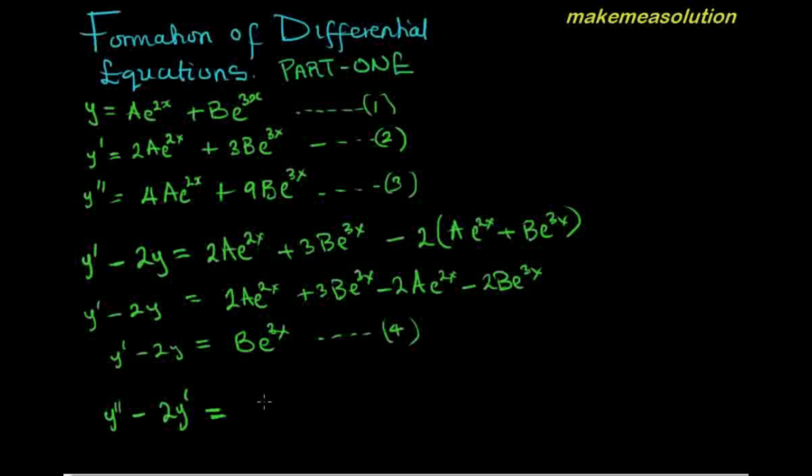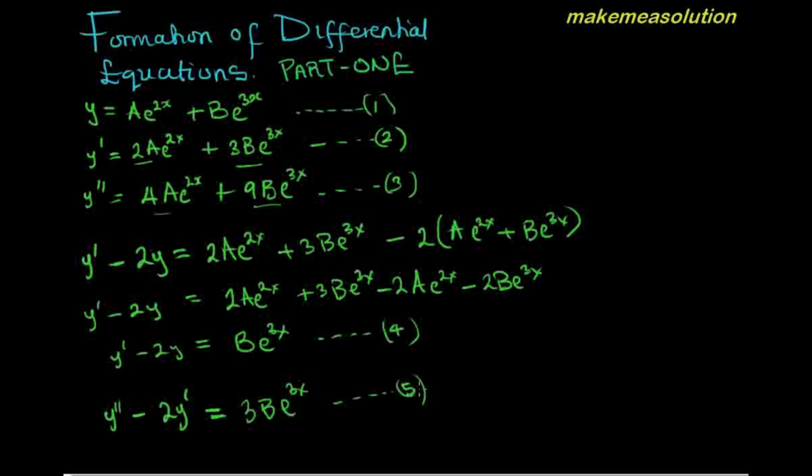So I'm just going to say that y prime prime minus 2y prime, this particular term and this particular term multiplied by 2, they are going to be cancelled out. So I'll now have 9b exponential 3x minus 6b exponential 3x, which gives me exactly 3b exponential 3x. Okay, so this is equation 5.